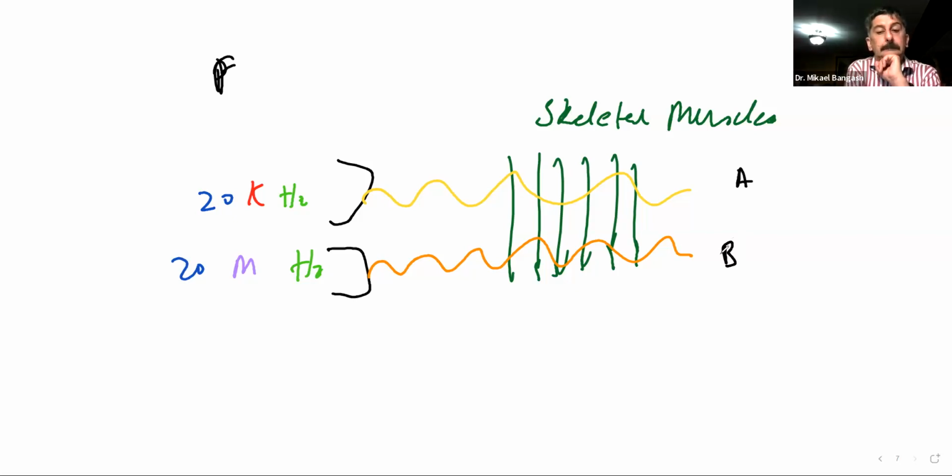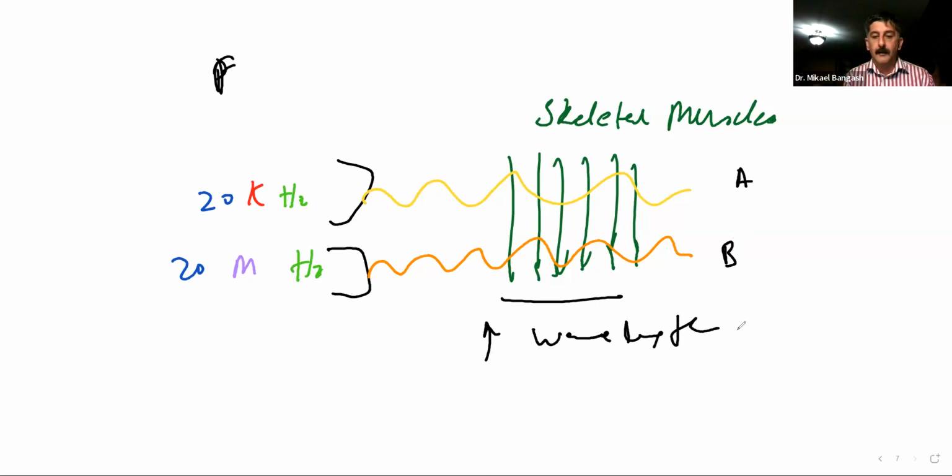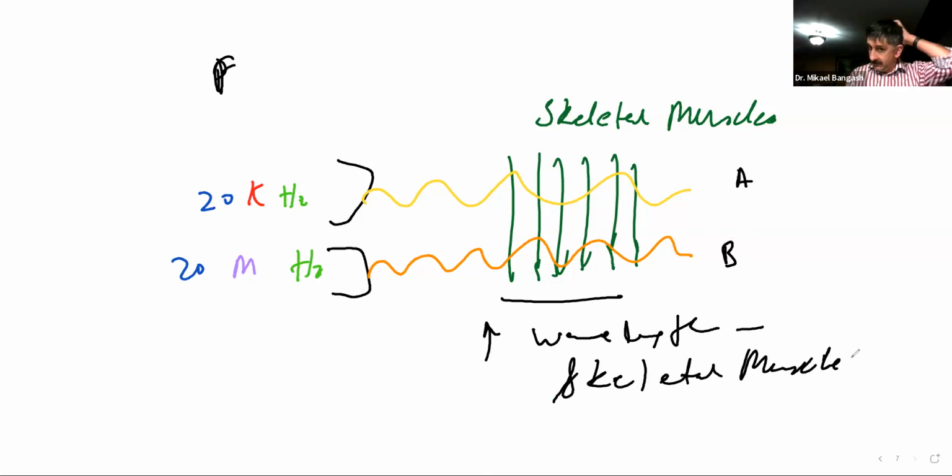A or B? Which transducer will produce the greatest wavelength in the skeletal muscle? Would it be B?